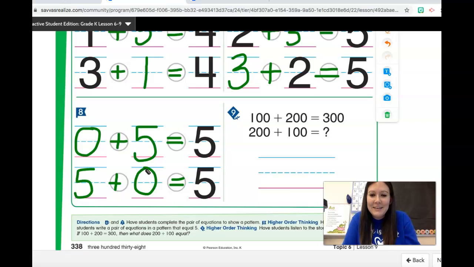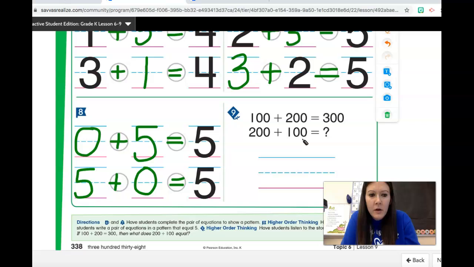Turnarounds are fun. Ooh, look at this challenge for number 9 kite. Listen to this and see if you can figure it out. Oh my goodness. 100 plus 200 equals 300. So then what is 200 plus 100?